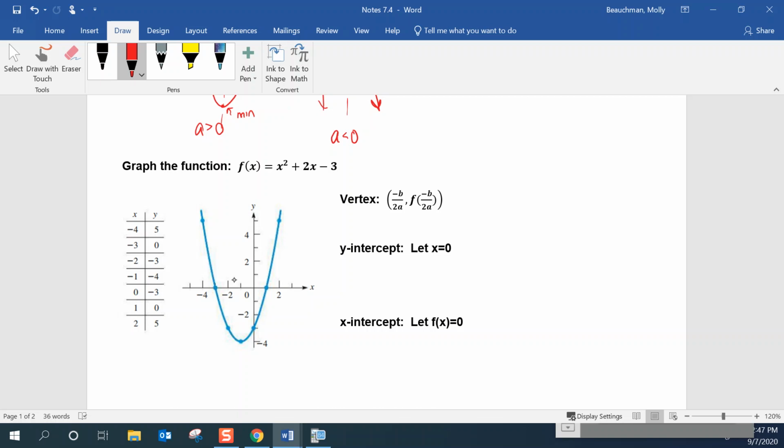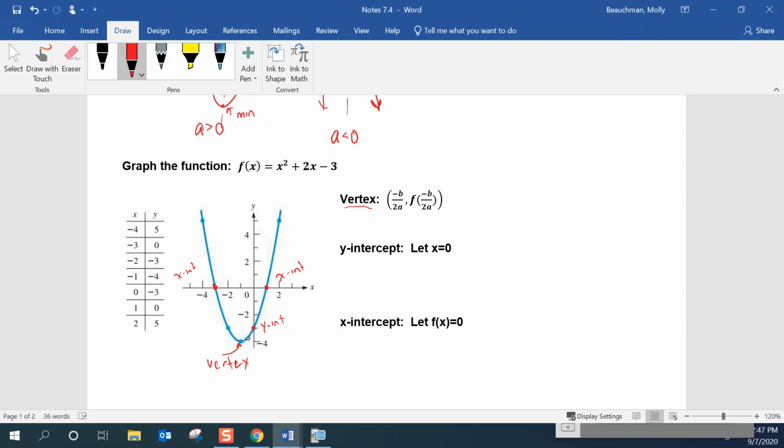Just a reminder, this point down here at the minimum is called the vertex. Then the y-intercept is the place where it crosses the y-axis. The x-intercepts are the places where our graph crosses the x-axis. So this one has 2 x-intercepts.